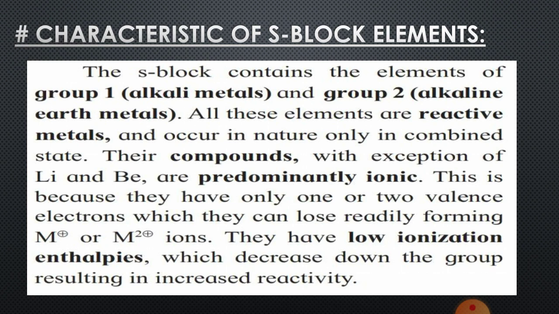Because, leaving behind lithium and beryllium, they have only 1 or 2 valence electrons, so they can lose them and get converted into M+ or M2+ ions. They have low ionization enthalpy as we move down the group, which in turn results in increased reactivity. So these are the characteristics of s block elements.